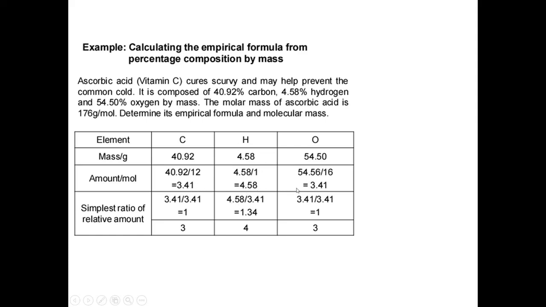Then after that, you need to choose the smallest amount. Referring to this row, the smallest amount is 3.41. So 3.41 divided by 3.41, you get 1. Here you get 1.34, here you get 1. So here should be 3. So 3, 4, and 3.